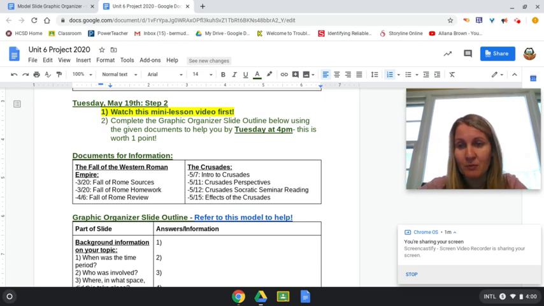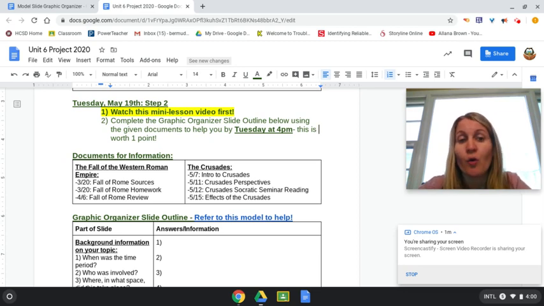So you have 3 documents that you can go back and use to fill in the graphic organizer. For the Crusades, you could use Intro to the Crusades from May 7th, Crusades Perspectives from May 11th, Crusades Socratic Seminar Reading from May 12th, or Effects of the Crusades from May 15th.